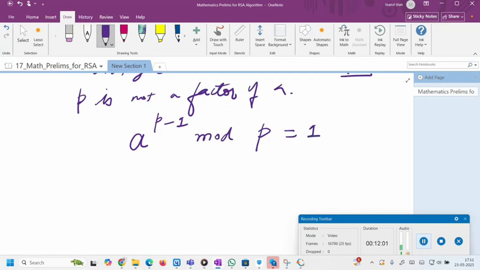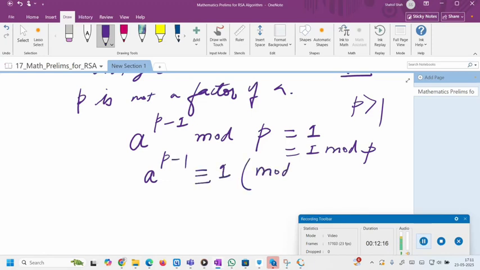Since 1 can also be written as 1 modulo p because p is greater than 1, hence we can write that a to the power p minus 1 is congruent to 1 under modulo p.